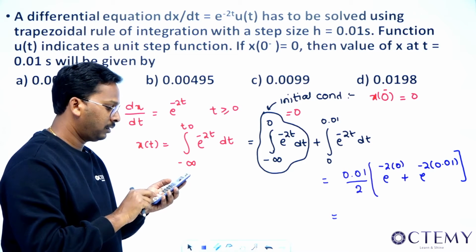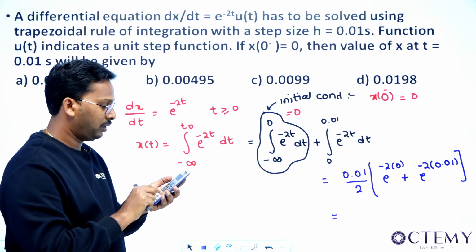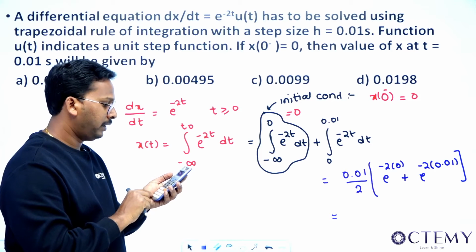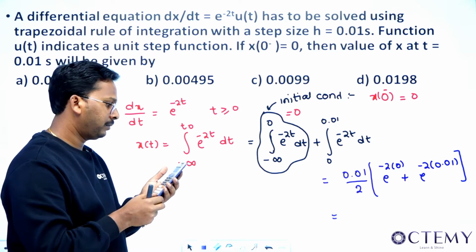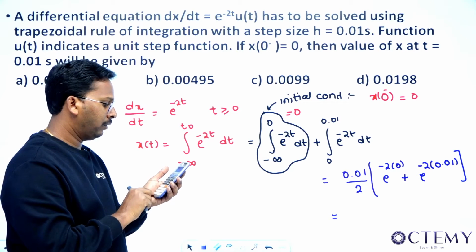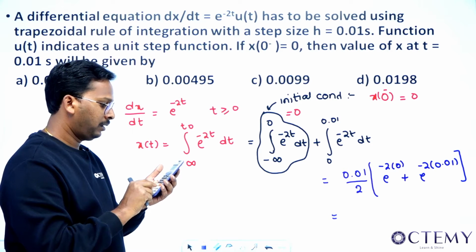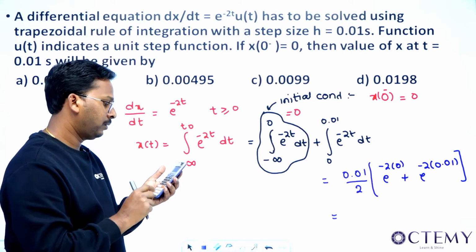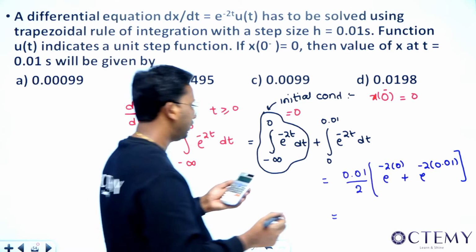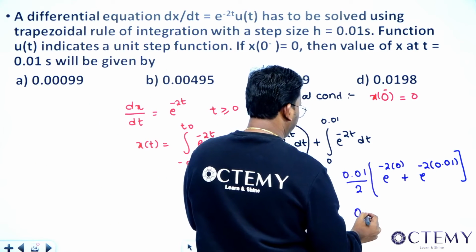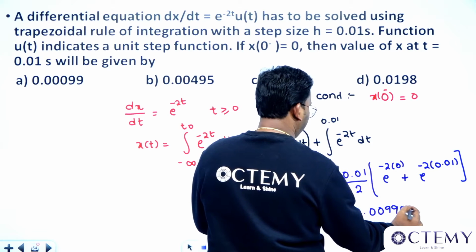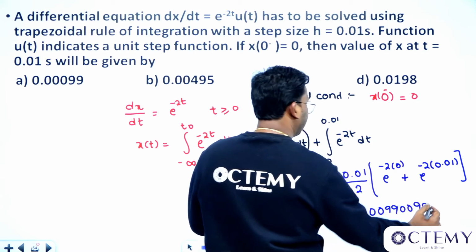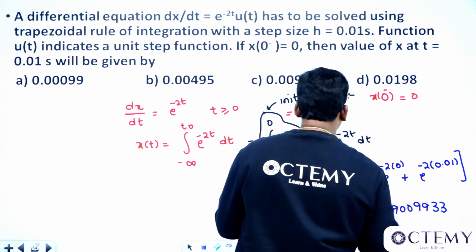E power minus 2 into 0.01 plus 1, into 0.01 divided by 2. So you are going to get it as 0.0099, something like this. This is what you are going to get.